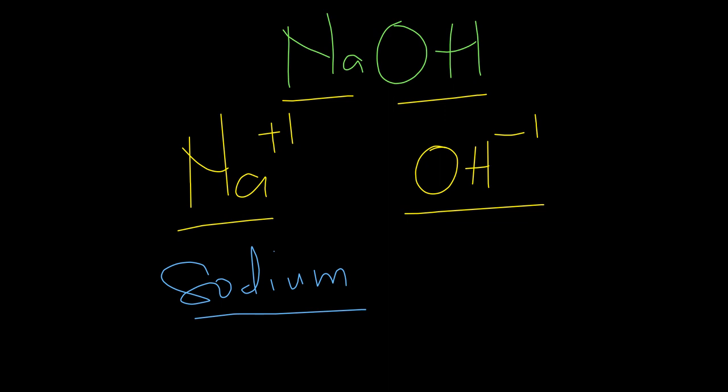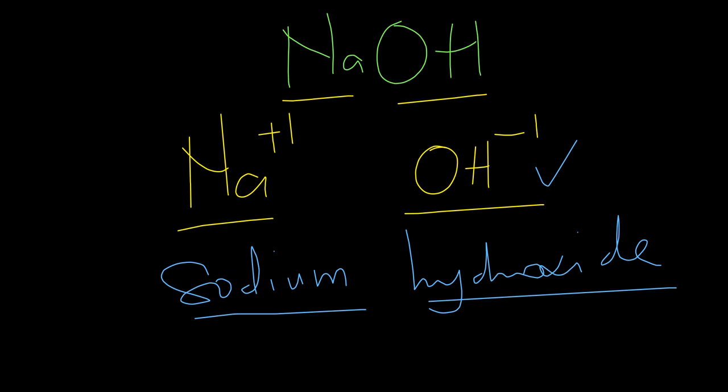It's in group 1. Group 1 elements have fixed oxidation state of 1. So we don't need parentheses. Then followed by our hydroxide. That will be hydroxide. Sorry. Let's look at another example.